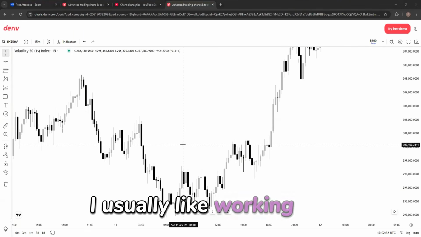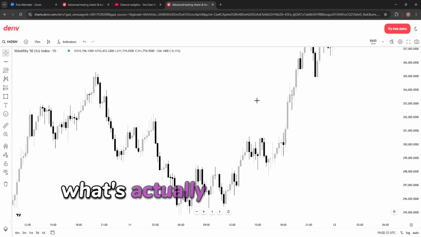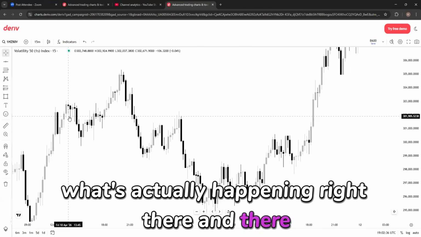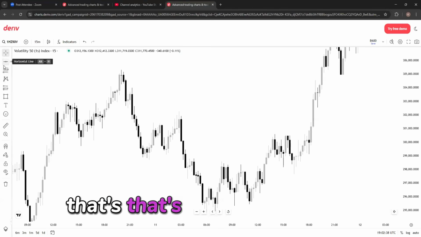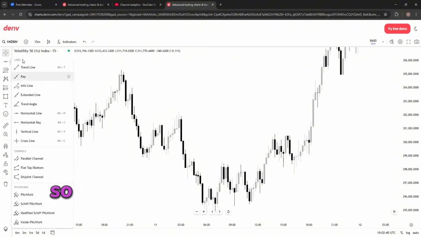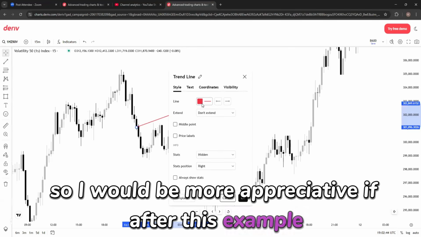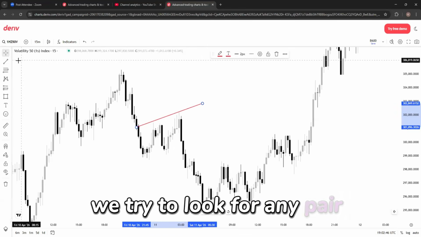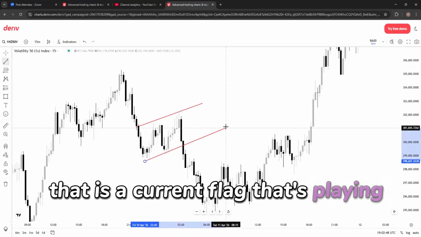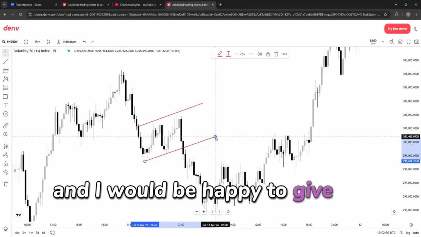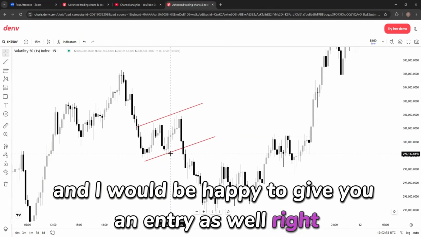I usually like working with what's actually happening right there and then. That's my type of trading. So I would be more appreciative if after this example, we try to look for any pair that has a current flag playing out, and I would be happy to give you an entry as well, right?